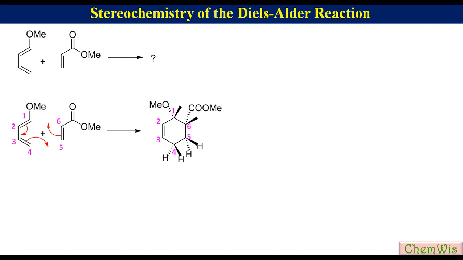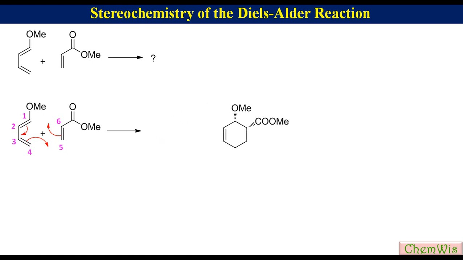Now, the remaining two hydrogens will automatically be cis to each other. You can simply draw this structure like this. This is the structure of one of the two endo enantiomers. The structure of the second enantiomer will be like this. These endoproducts will be the major product.